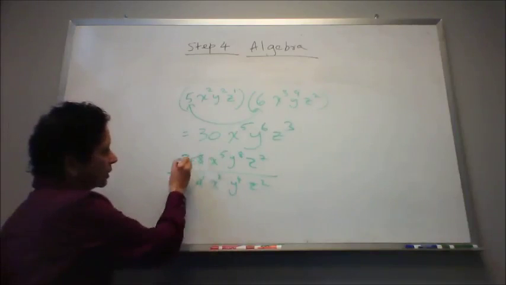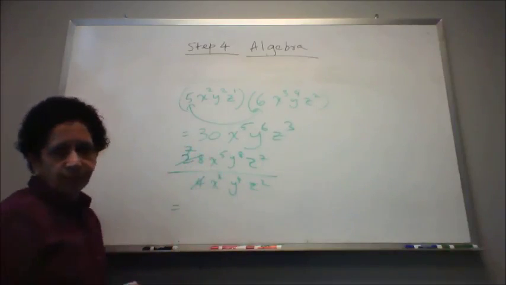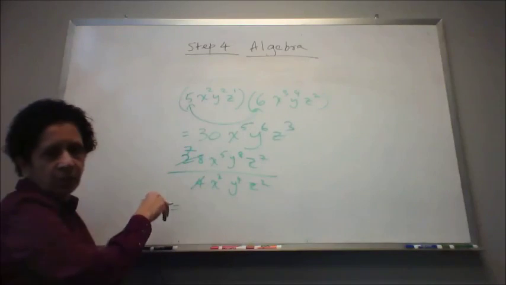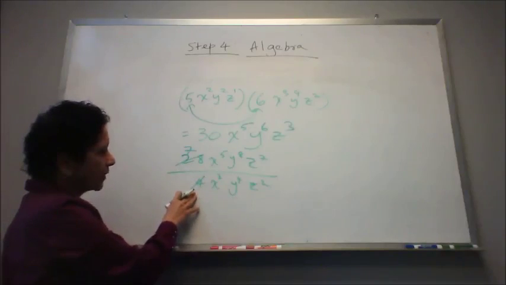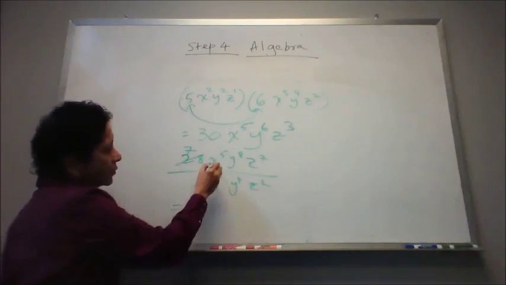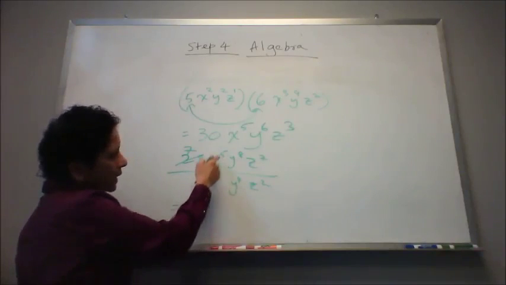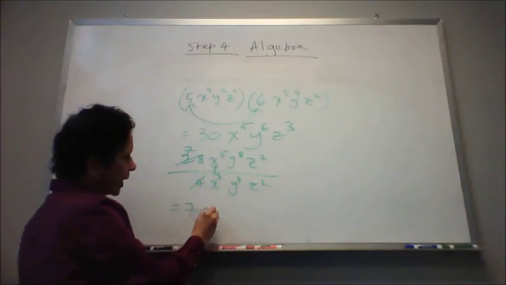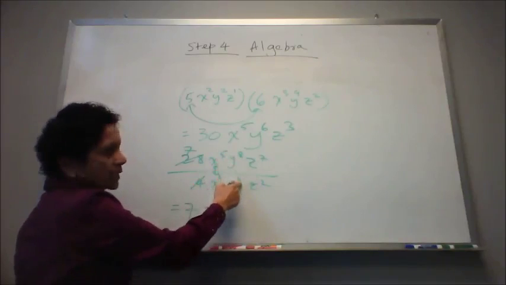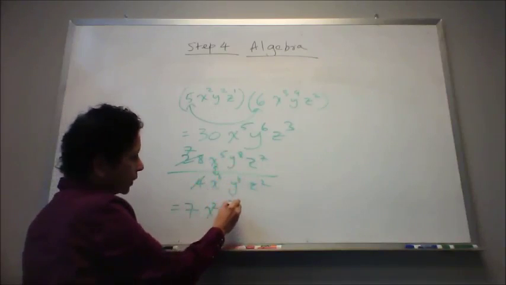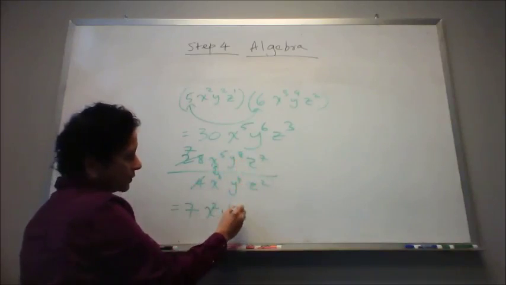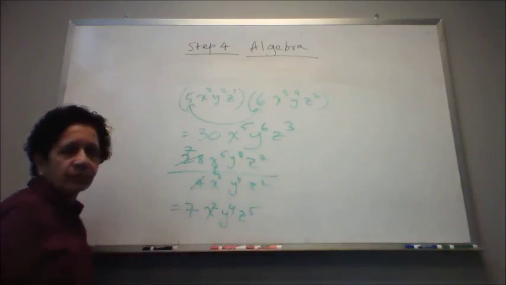The constants, the common factors, you can take them out. So I've got a 7, and then when I divide, 5 minus 3 is 2, so x to the 2, 8 minus 4 is 4, so y to the 4, 7 minus 2 is 5, so z to the 5, okay?